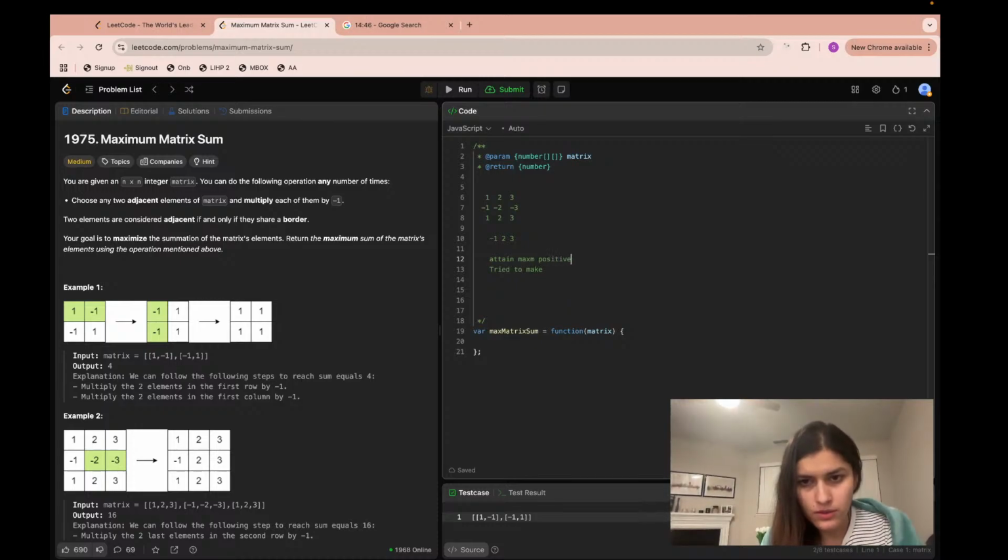While making negatives positive, target the larger numbers.